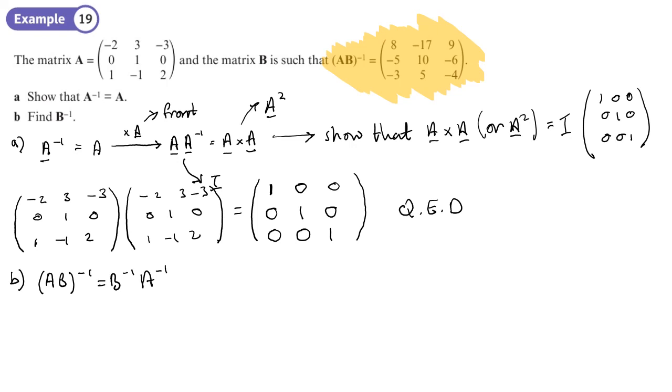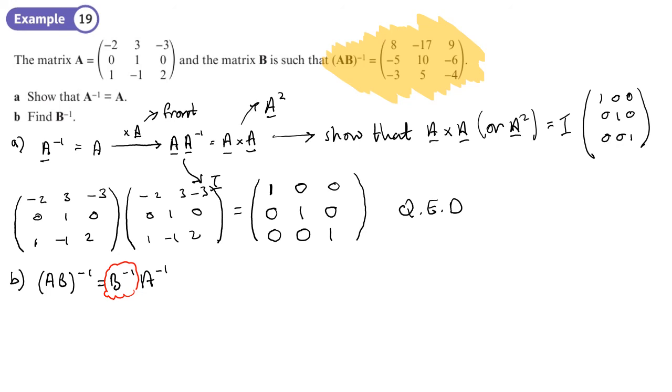So basically what we want to get at is this: can we, on either side, write some sort of statement where we end up with B inverse equals something.